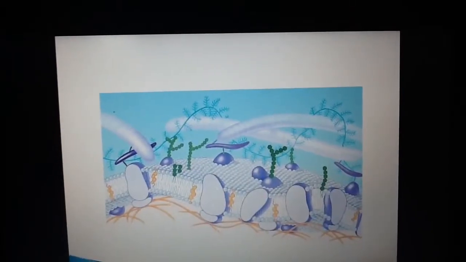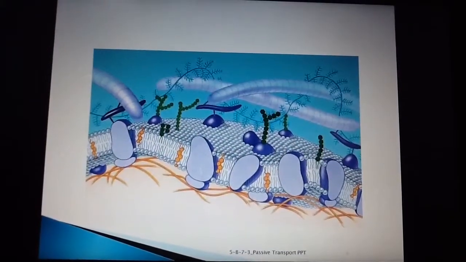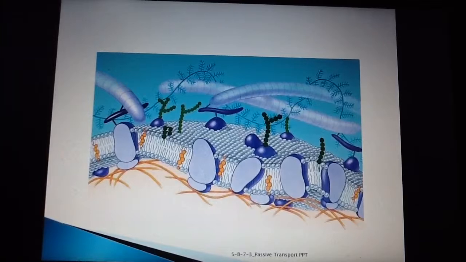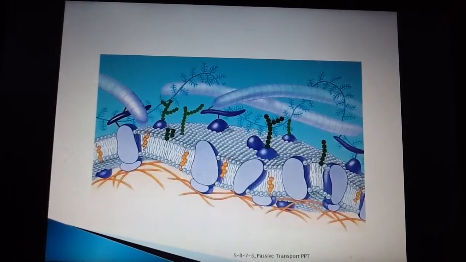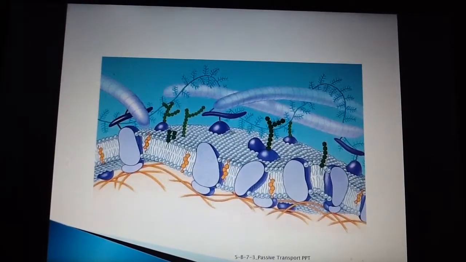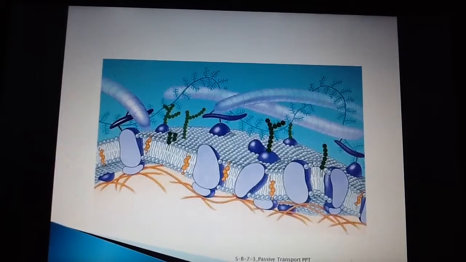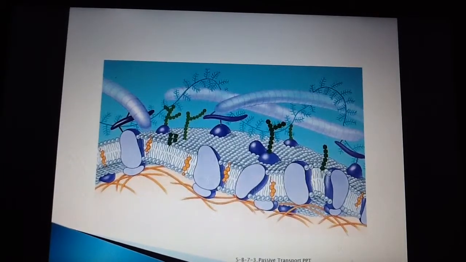It's very important when we're discussing passive transport that we're 100% clear on exactly what the cell membrane is. This is a picture of the cell membrane. Now we're going to take a look at the cell membrane together and identify the key parts that would help us zoom in on what osmosis exactly is.